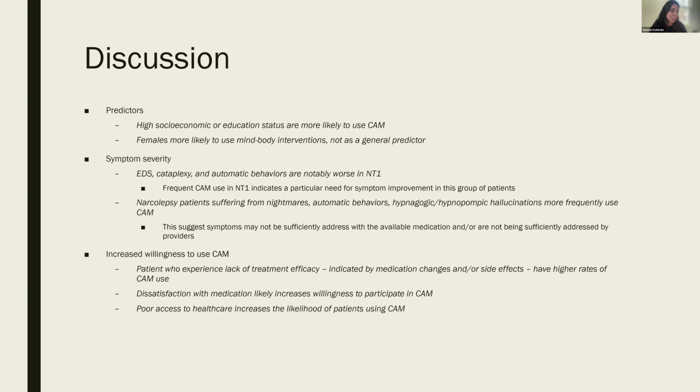In the paper, they did mention that this could suggest that our currently available medications may not be addressing these symptoms sufficiently, and so they're trying to find an alternative treatment for that. And then willingness to use CAM: if their medication regimen was changed, or if they're experiencing side effects from their current medication, then they were more likely to use CAM. And then poor access to healthcare as well.